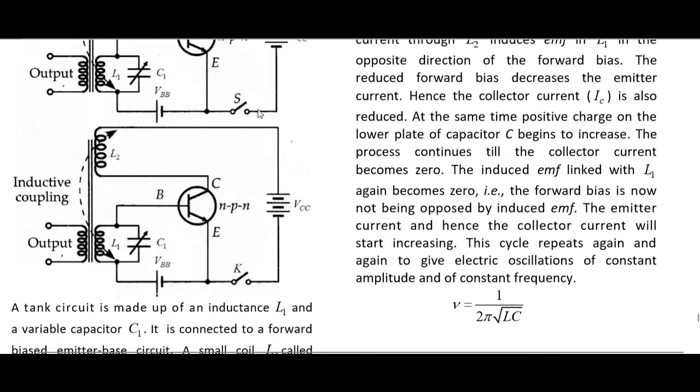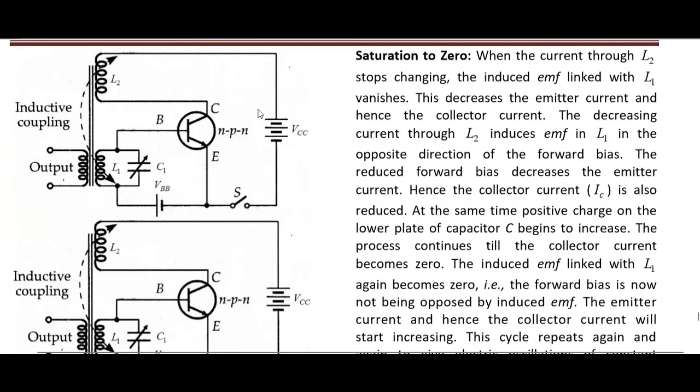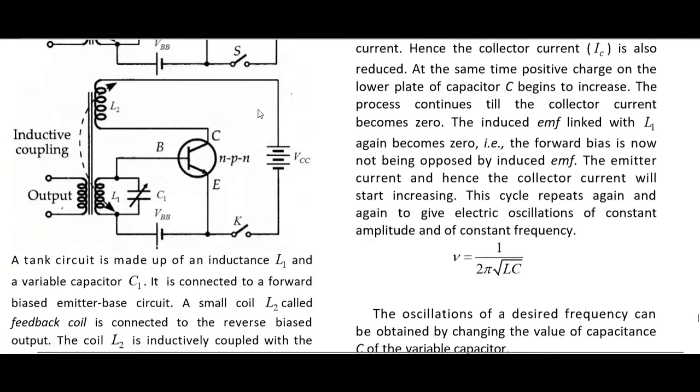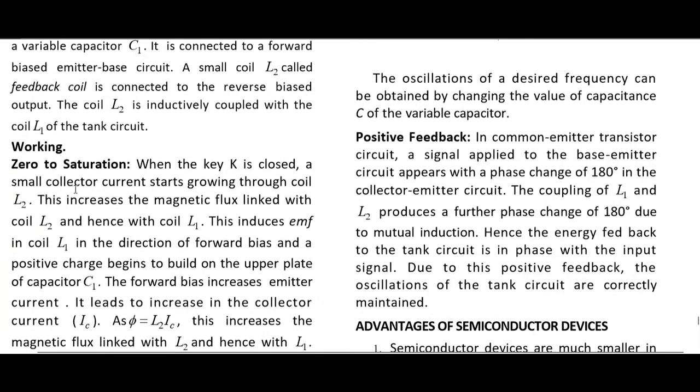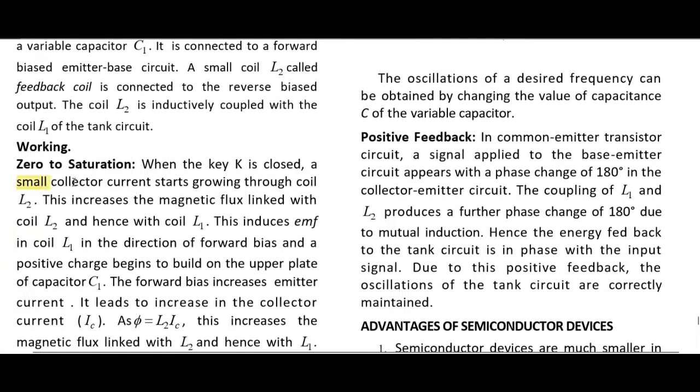Now when the key K is closed, a small collector current starts growing. Collector current starts growing through the coil L2.